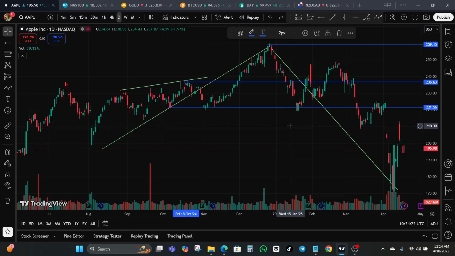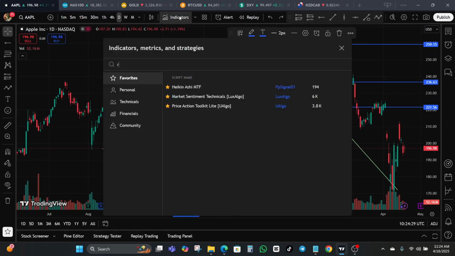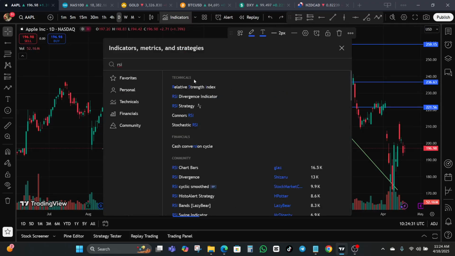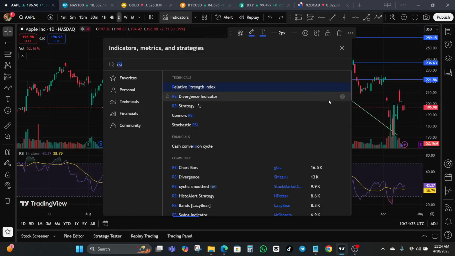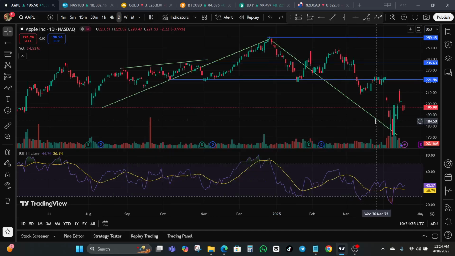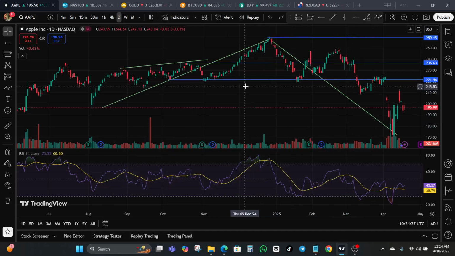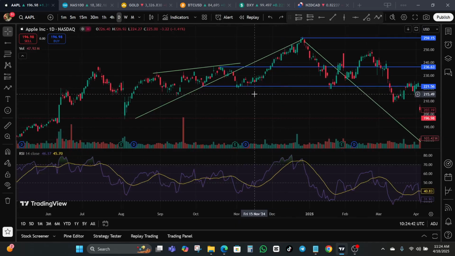Okay? Now, also, indicators help strengthen your conviction. All right? You can use RSI to spot divergence, for example. That is when price is making new highs, but RSI is making lower highs. Let's see if we can find such an example here.